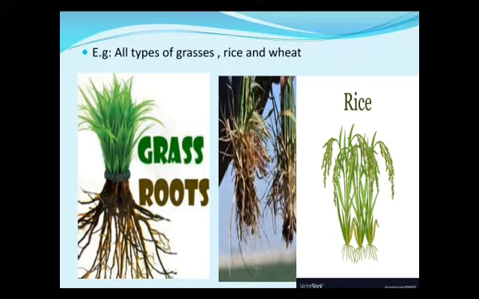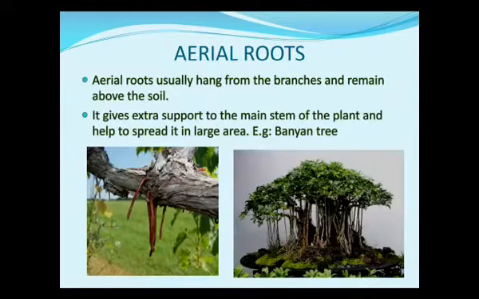You can dig out the grasses in your vicinity and wash off the roots and observe the kind of root. And by observing, you can send the pictures also, and you can identify the taproot and fibrous root practically by yourself. Okay, now we will move towards the next kind of root.